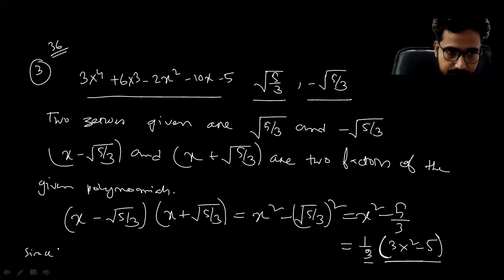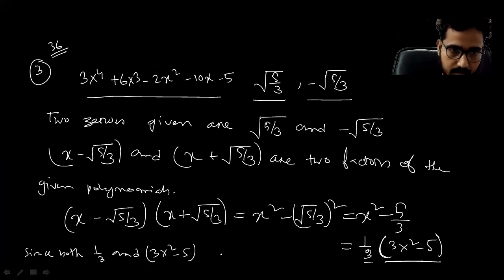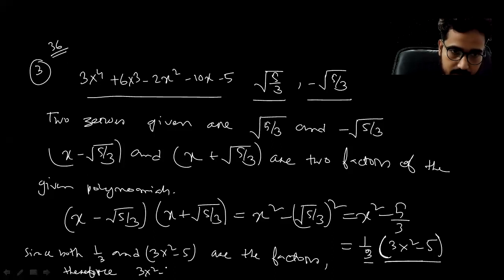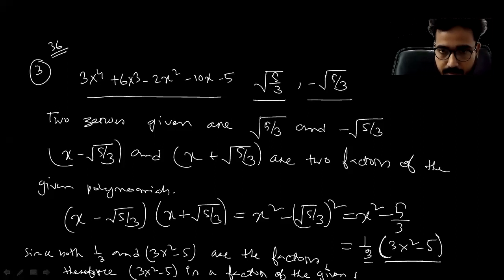Since 1 by 3 and 3x square minus 5 are the factors, therefore 3x square minus 5 is a factor of the given polynomial.